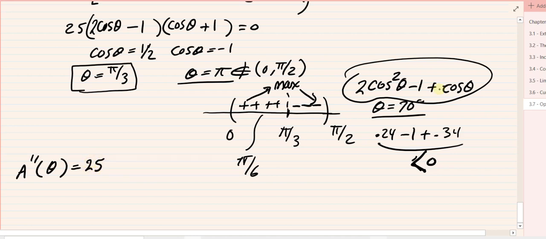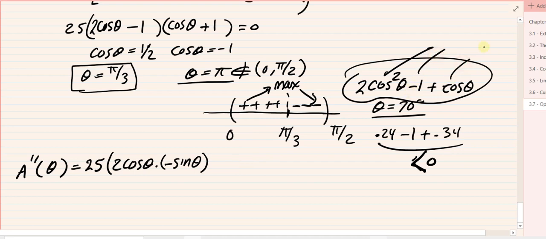And derivative of, let's say, cosine squared theta, that's going to be 2 cosine theta times derivative of cosine, which is negative sine theta, right? And derivative of negative 1 is 0. Derivative of cosine is going to be negative sine theta again.